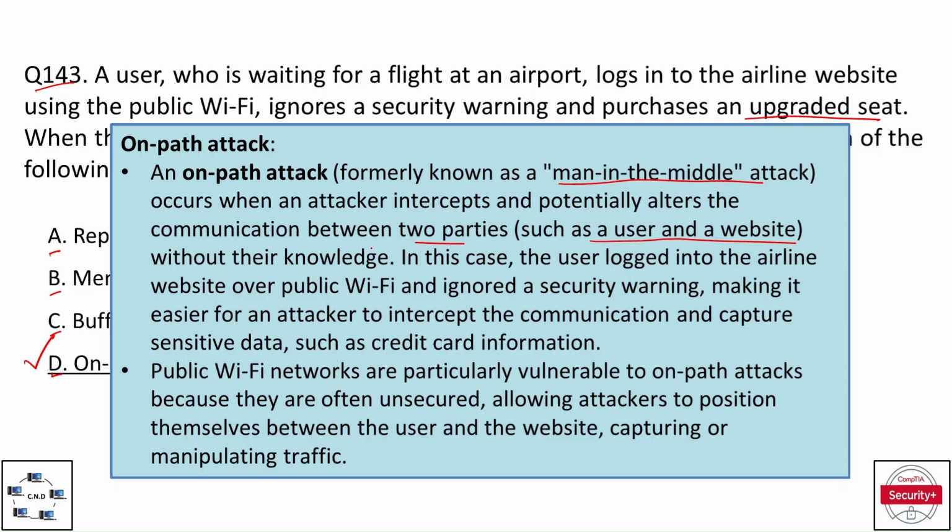In this case, the user logged into the airline website on public Wi-Fi and ignored a security warning, making it easier for an attacker to intercept the communication and capture sensitive data such as credit card information. Public Wi-Fi networks are particularly vulnerable to on-path attacks because they are often unsecured, allowing attackers to position themselves between the user and the website, capturing or manipulating traffic.